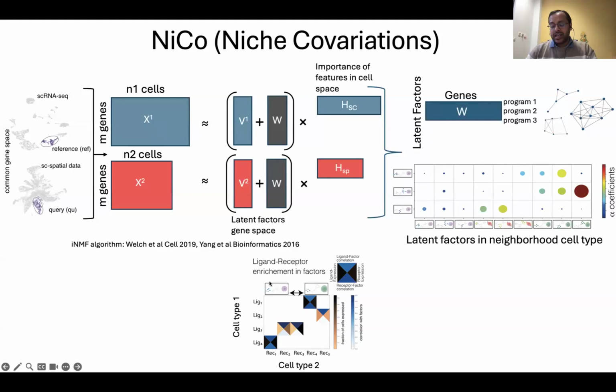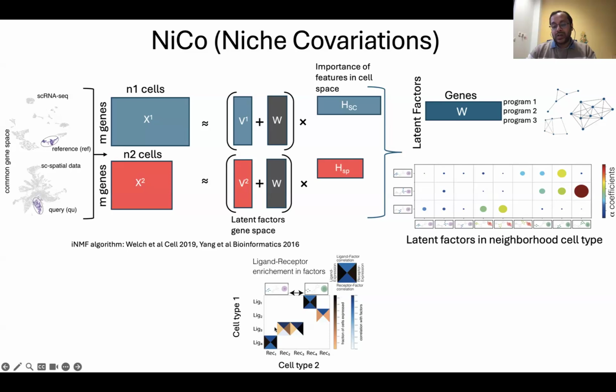And then in the community, biologists try to understand everything through ligand and receptor, which ligand is communicating with which receptor when two cells crosstalk with each other. So when we find these two interactions are very strong, we also find the ligand and receptor enrichment when these two cell types interact in the gene programs.